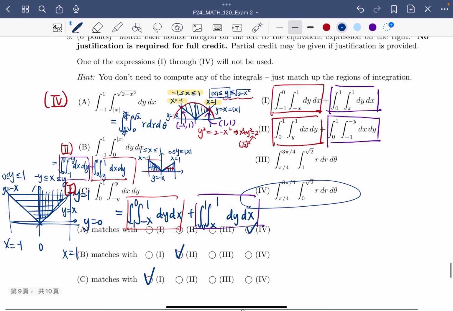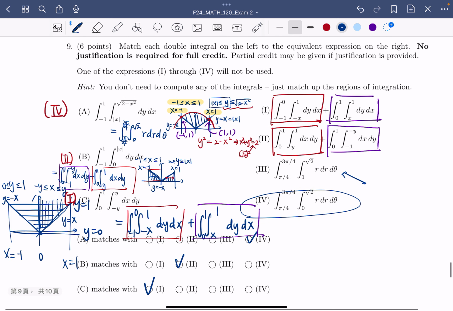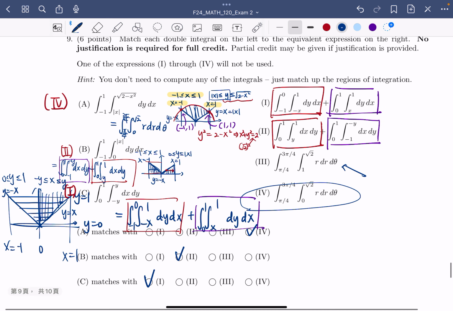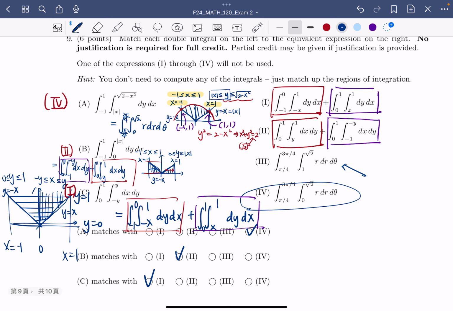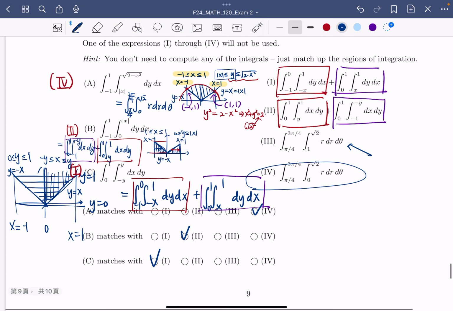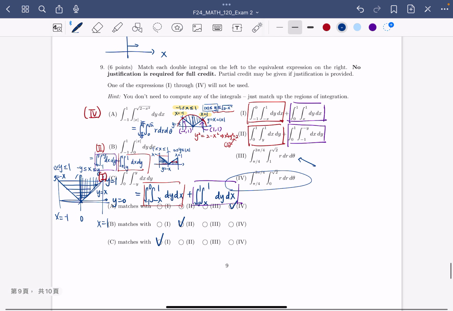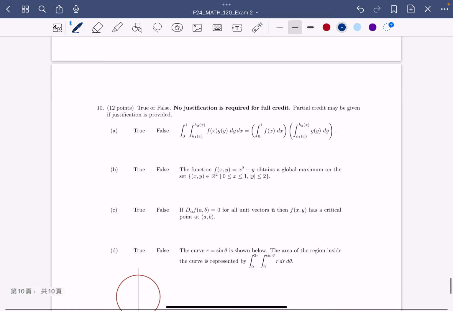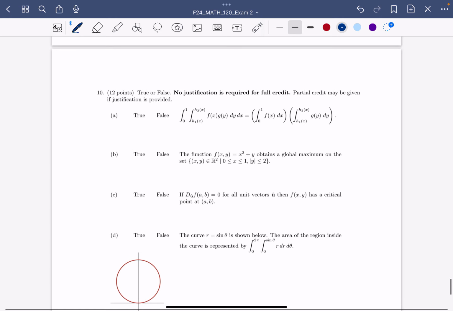Okay, so there's one problem left just to mess you up, I guess. So we're nearing the end of this exam. Our final problem is this true or false question.